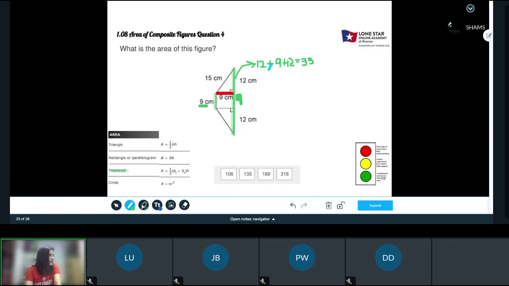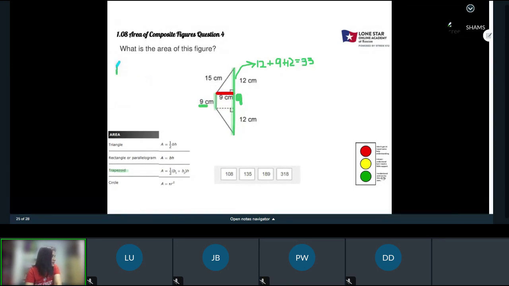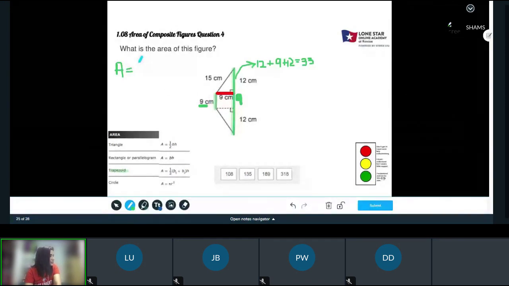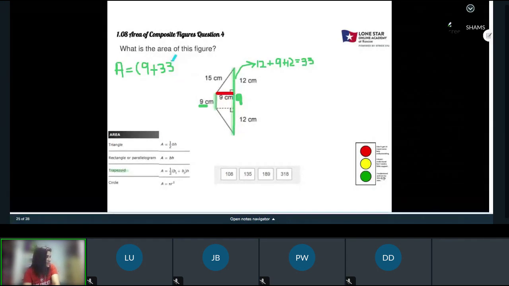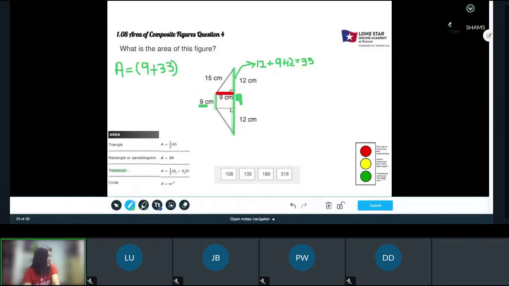Okay, so I know that one of the bases is 9 over here and the other base is 33. To find the area of a trapezoid, step 1, add base 1 and base 2. The first base, the green one, is 9. Base 2 is 33. I calculated that using the given information. I add the 2 bases, so 9 plus 33 gives me 42. Then I will multiply by height.